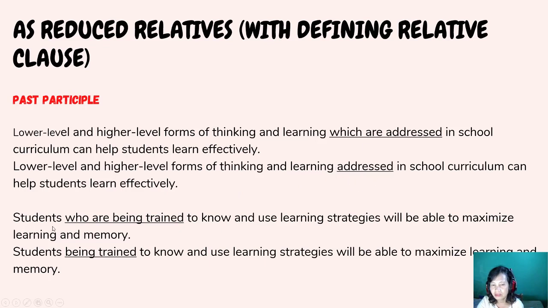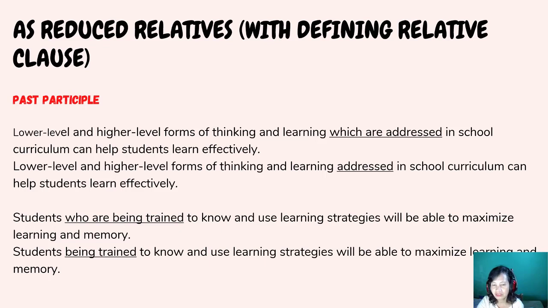And then how about this? The tense is in present continuous. Students who are being trained. So you omit who and the to be, the same as this, which and are, the to be and the relative pronoun, and leave being trained here. Being cannot be omitted because it shows the tense.